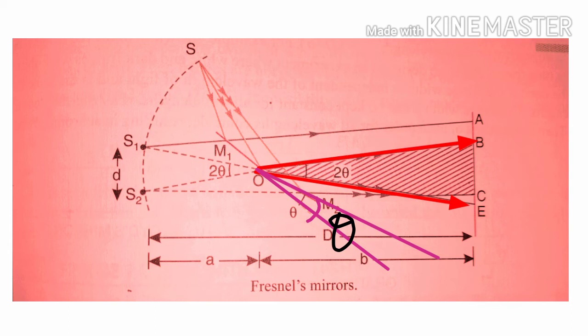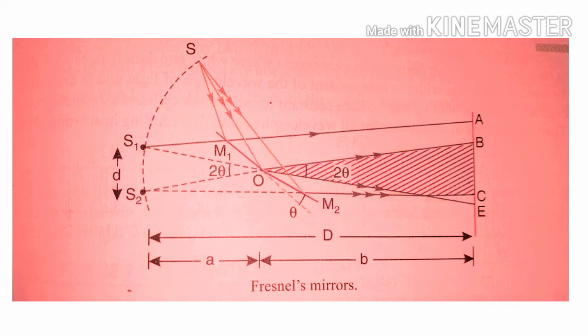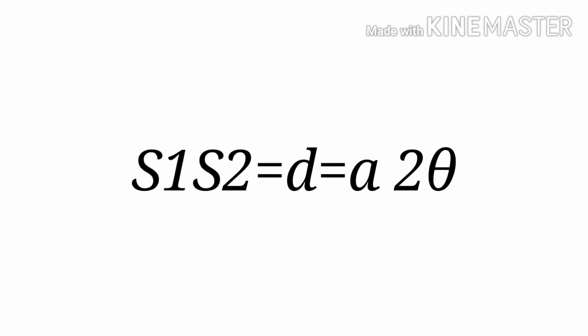So the angle S1 O S2 is equal to angle BOE, which is equal to 2 theta. Here S1 S2 is an arc length which is equal to the radius times the angle 2 theta. So S1 S2 is d. So d is equal to a into 2 theta.